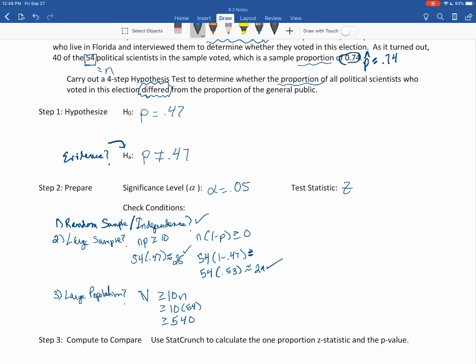That was the qualification in order to be chosen. So that's my population. Do we think that there are reasonably more than 540 political scientists in Florida? I would say yes. That's reasonable to say. So we are good on our conditions. We can proceed.